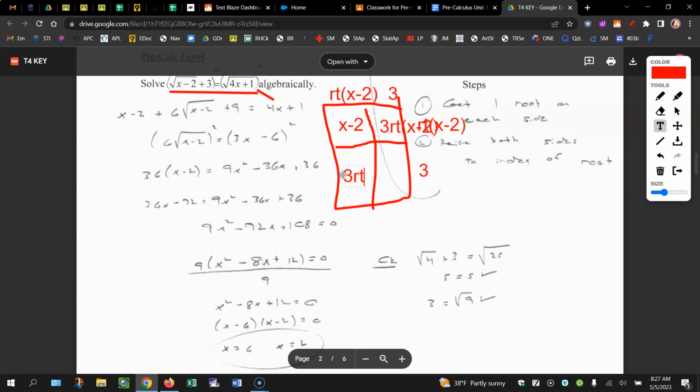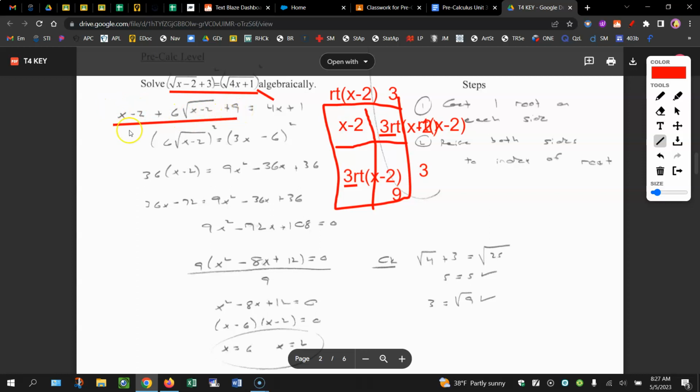This is going to be 3 times the root of x minus 2. And the 3 times the 3 is going to be 9. So that's where this is coming from. When you combine the 3 square root of x minus 2 plus another 3 square root of x minus 2, that's where the 6 is coming from, and then you have the x minus 2 and the 9.